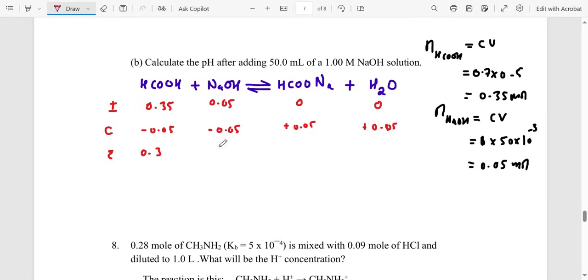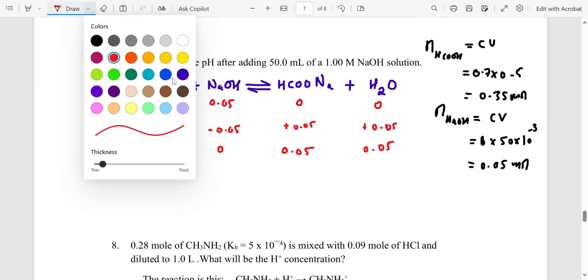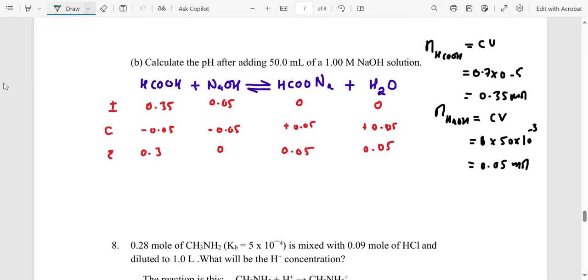And then for the base, it's going to be 0. On the product side, you can see the conjugate base is going to be just 0.05. Water is also 0.05. So after you do this, you can now use the Henderson-Hasselbalch equation to calculate the pH.